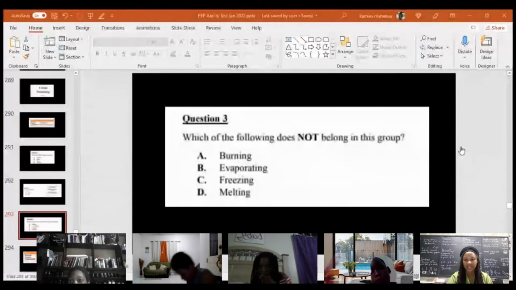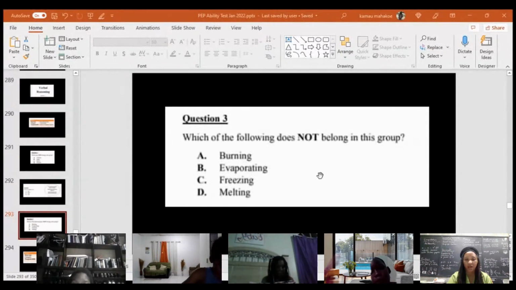All right. So Madison is saying the other processes, the evaporation, freezing, melting, they are reversible, meaning you can do the opposite of them and get back the original thing. So you can freeze something and melt it and you get back the original thing.